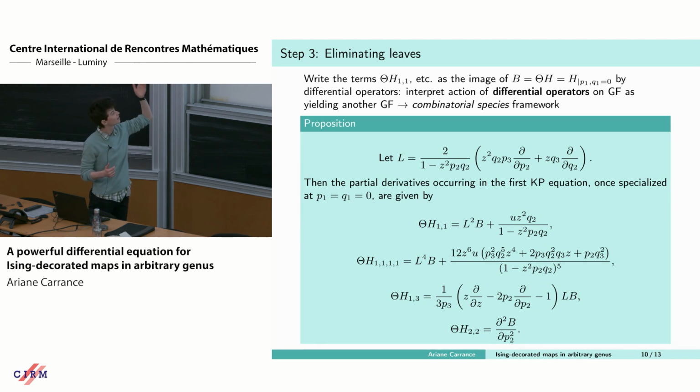So if you want to have something non-zero when you specialize P1 and Q1 to 0 after differentiating twice with respect to P1, it means that you had no positive power of Q1 and just P1 squared in your generating function.